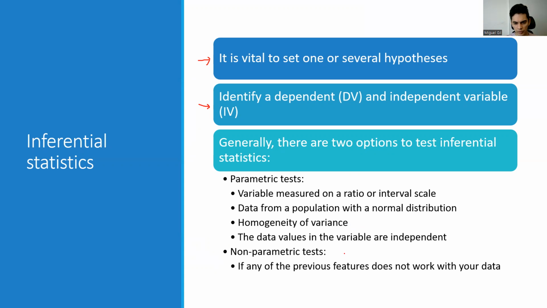And then the last thing, the data values in the variable are independent. For example, if I have three variables: hours of sleep, hours of staying awake, and then tiredness.